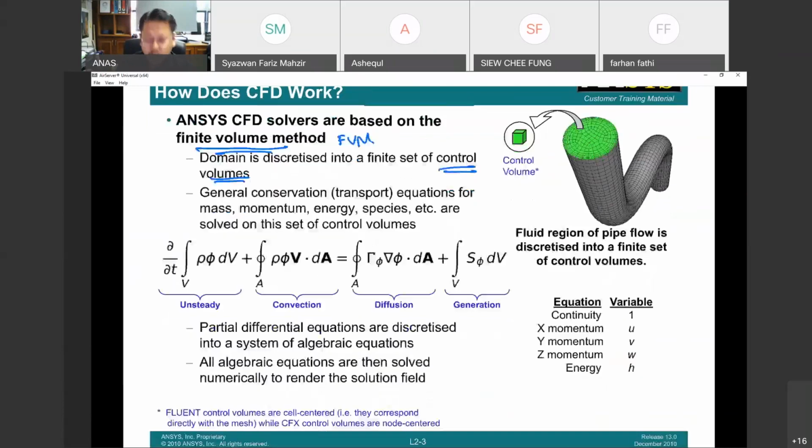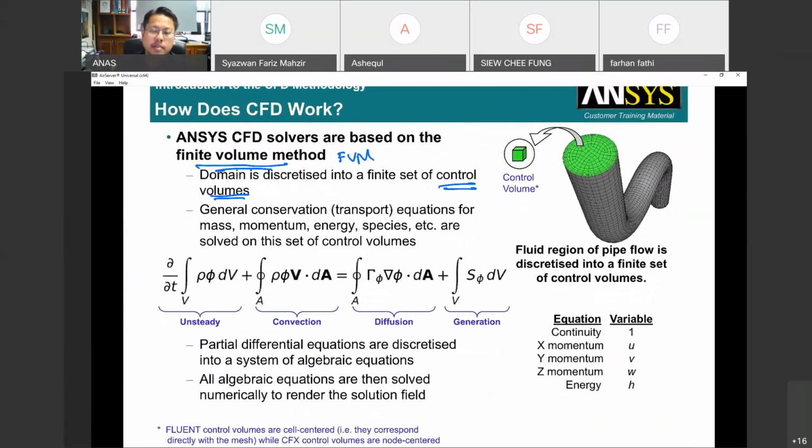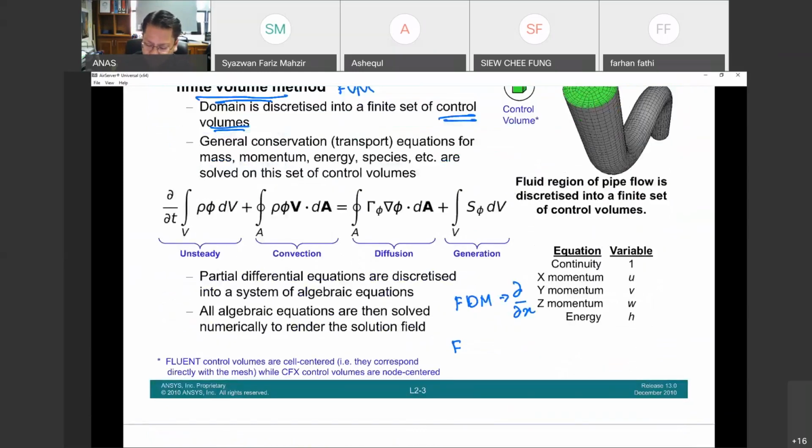Just to highlight the main difference between finite volume and finite difference: it is in the calculation method. For FDM, mostly we use derivatives, dx, dy, dz. For finite volume, mostly we involve integration.